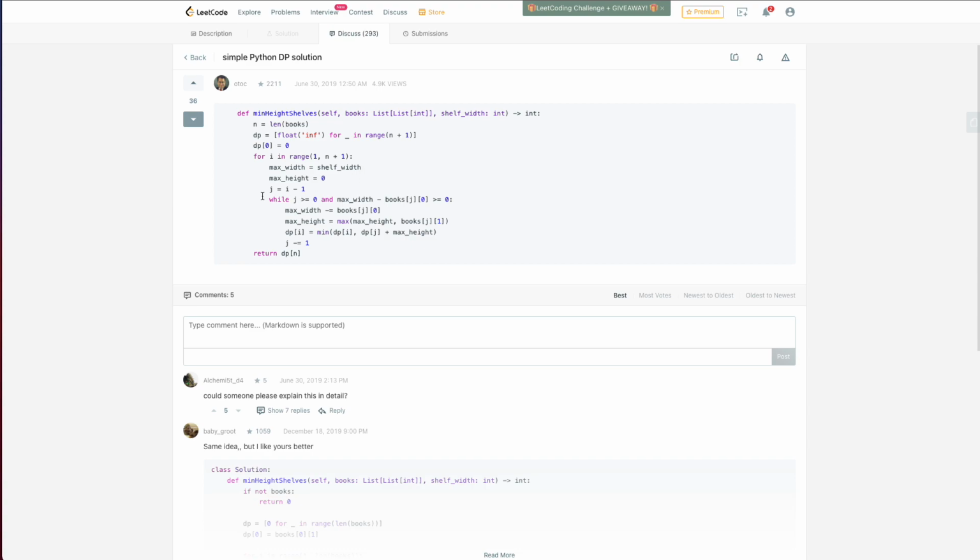So for each book I look back J number of books where I can fit it all into one shelf, and the max height is this maximum height of my look back.